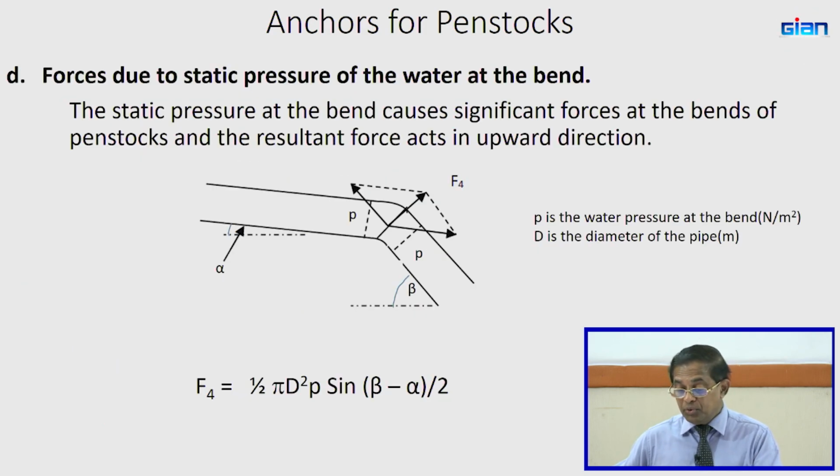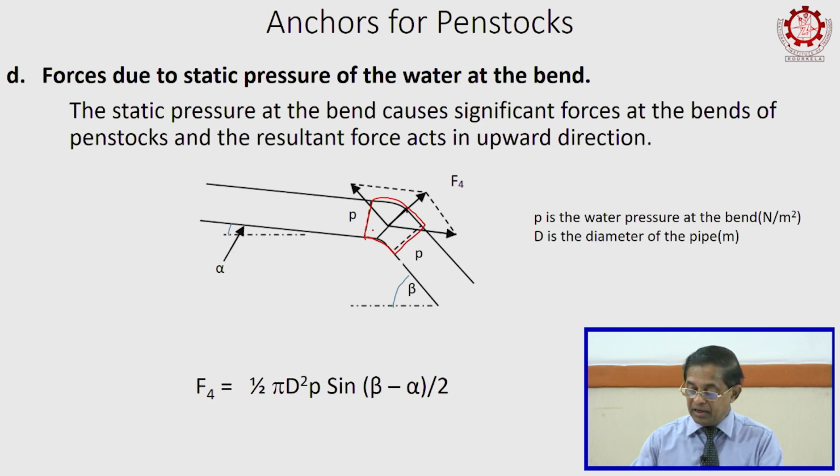Then the forces due to static pressure. Now, you look at this piece of the bend, from this straight part to this straight part and the bend part. So, if you look at this bend part, right, this static pressure here will be acting on it in this direction, and on the other hand from this side it will be acting on this, right.